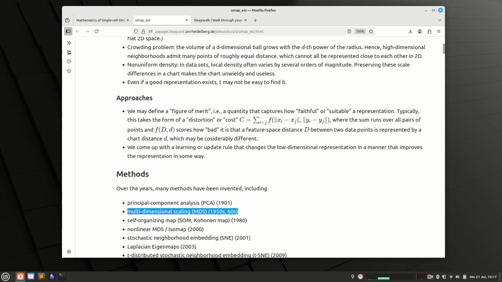When people came up with this idea of making such a function, they made the function simply by saying the ratio of the distance in feature space and the distance in real space shouldn't be too different, and they came up with score functions like the ratio of this divided by that shouldn't be larger than something.